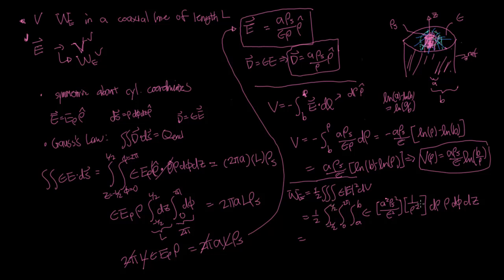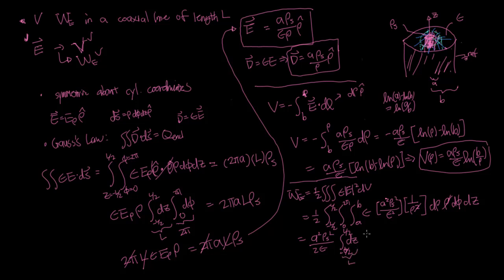Now you see this, you have this nice little cancellation here, and we're going to pull out the constants and separate out the integrals. You're going to have A squared rho s squared all over 2 epsilon. There's no z, so it's just dz from minus L over 2 to L over 2.